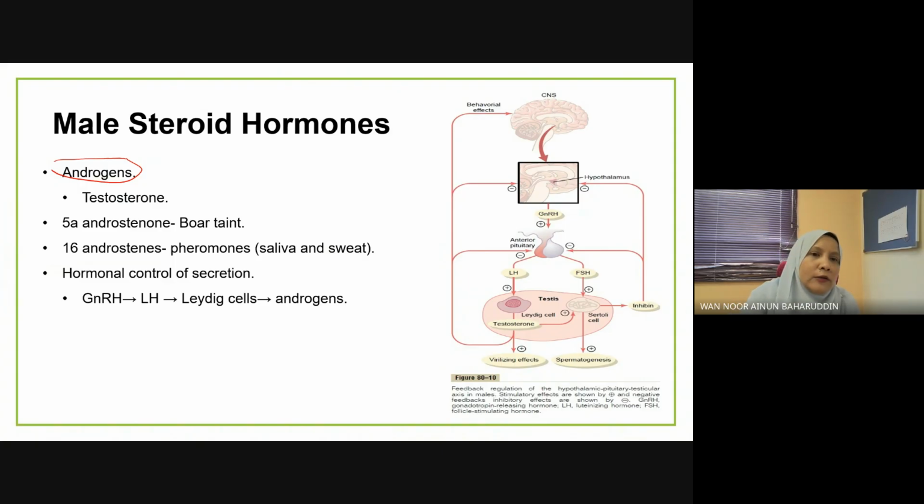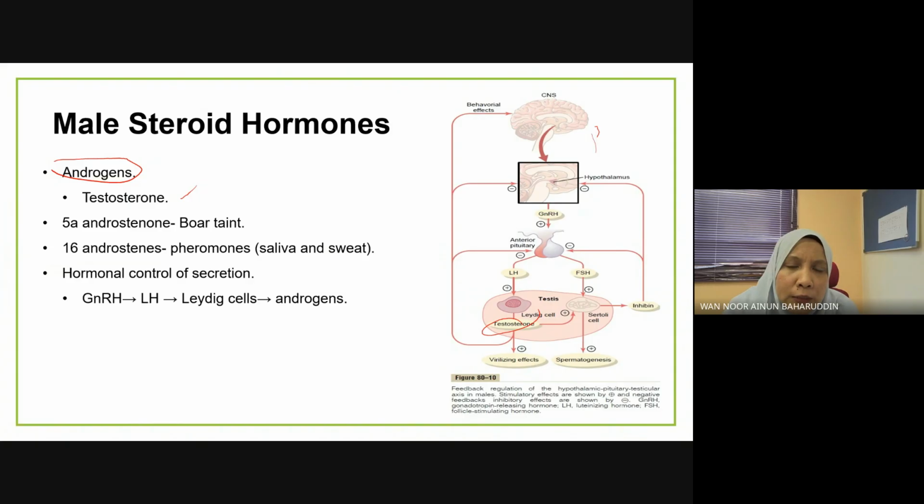So testosterone, okay, this is how it is produced. It has virilizing effects. Feedback regulation, hypothalamic pituitary testicular axis in male. So from here, how is its hormone secretion, from GnRH.